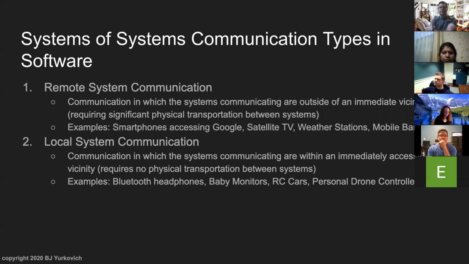But you can imagine that, especially in the context of autonomous vehicles, both of these communication schemes are used in pretty serious ways. Remote system is going to be all that, whether it be GPS or LTE, all those things that you basically do to the cloud, and the communication you do with the cloud.